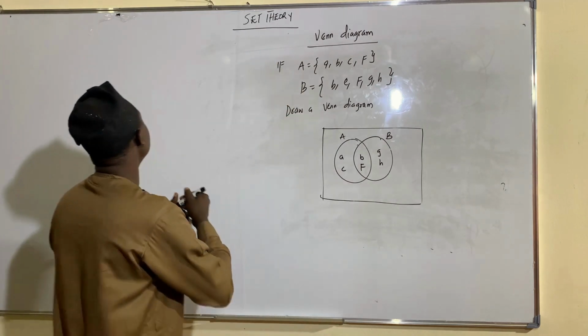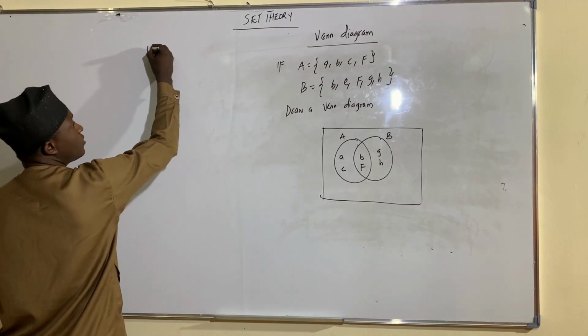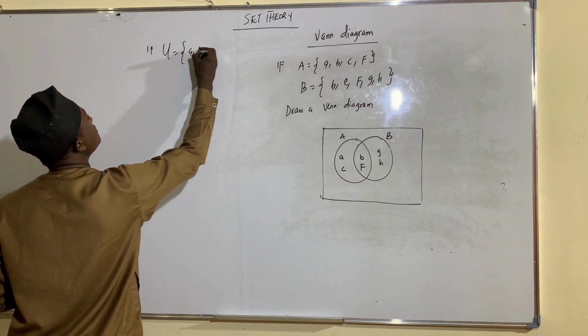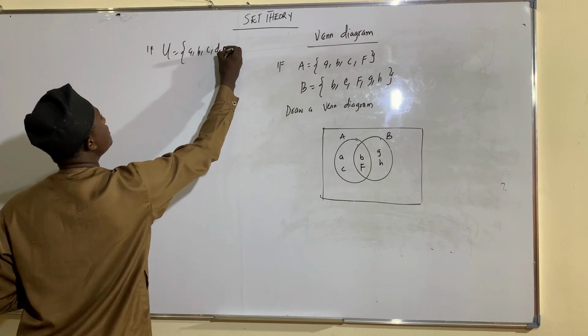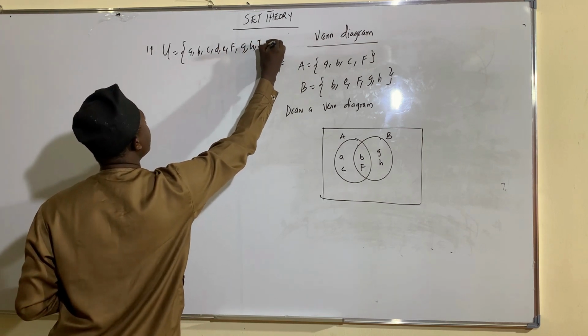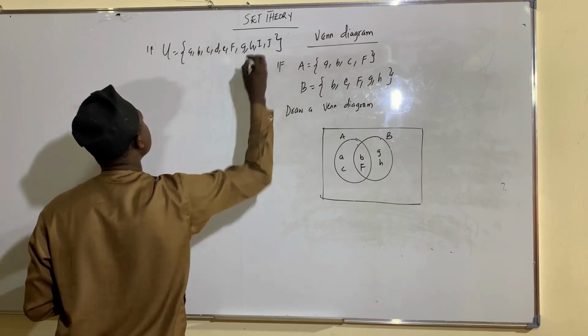For example, for this particular problem, let's say our universal set is equal to {A, B, C, D, E, F, G, H, I, J}.